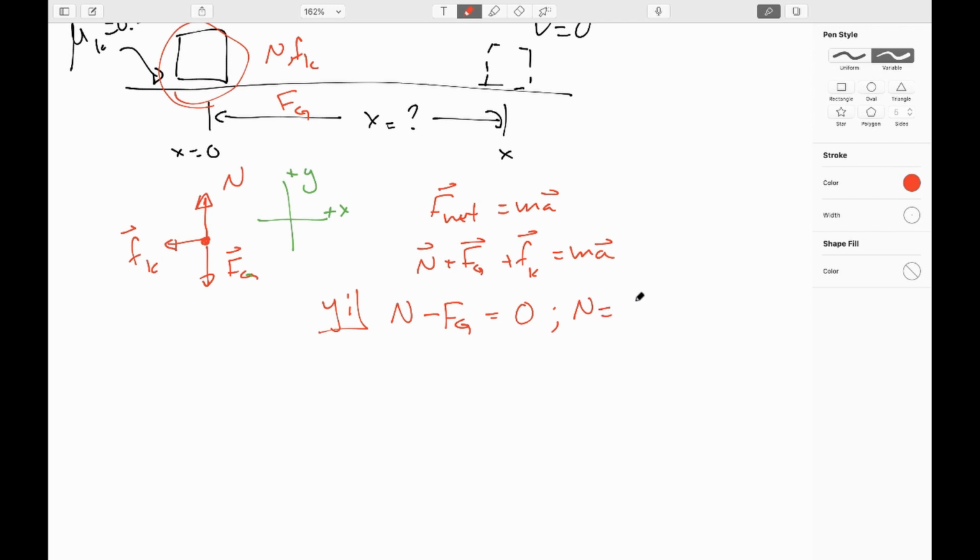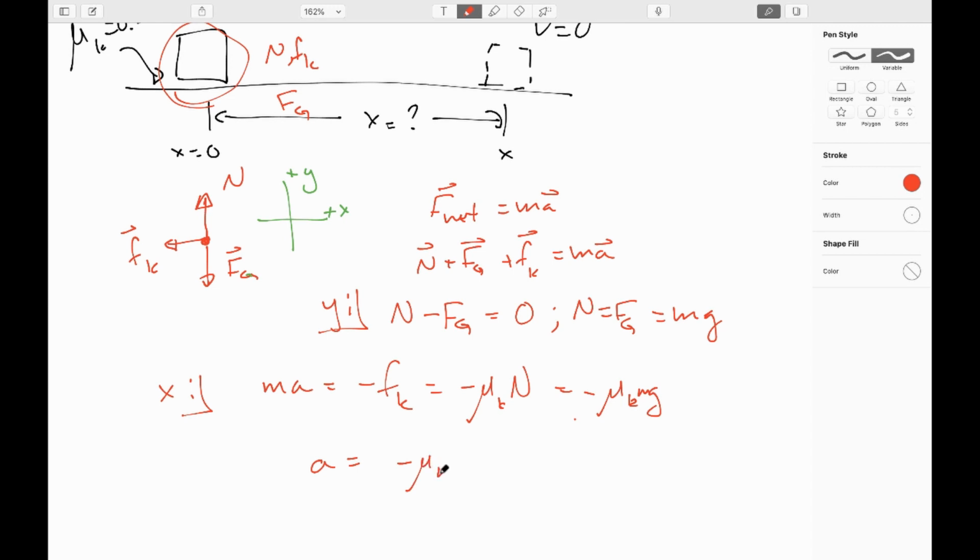So this is N equals F_g equals mg. And in the x direction, we will have that ma is equal to minus f_k. Well, by our model, this will be minus mu k times the normal force. This is minus mu k mg. Oh, hey, look at that. ma, mg, the m's cancel. You get that a is minus mu k g.